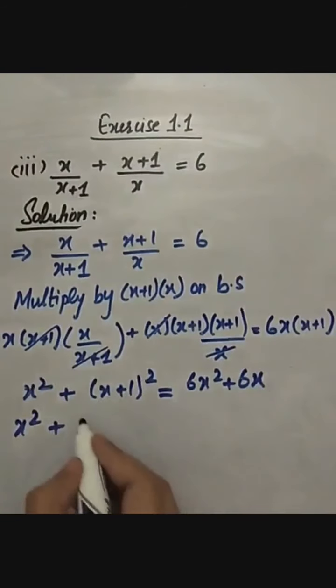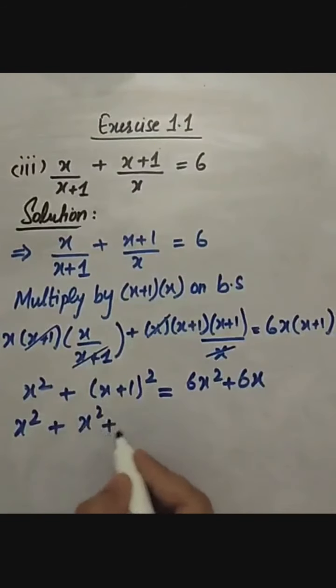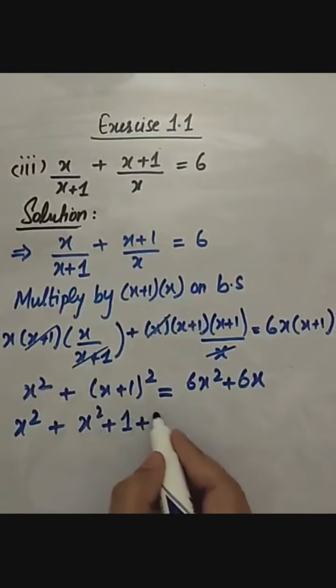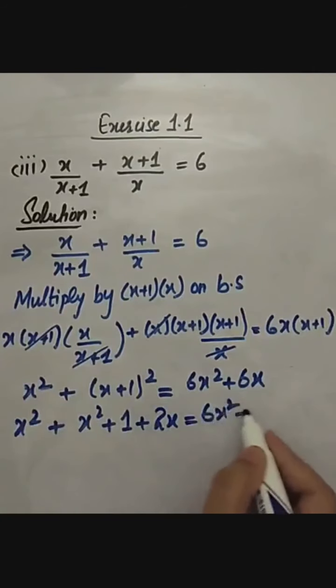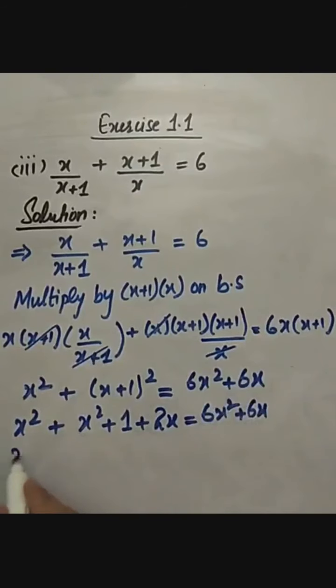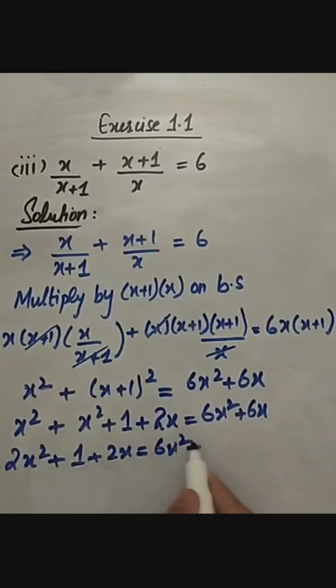What? A square plus what is b square? 1 plus 2ab. 2ab means 2x. 6x square plus 6x. X square plus x square, 2x square, plus 1 plus 2x is equal to 6x square plus 6x.